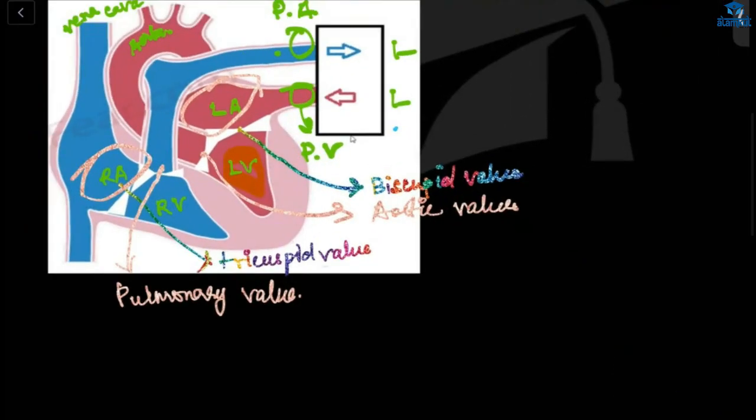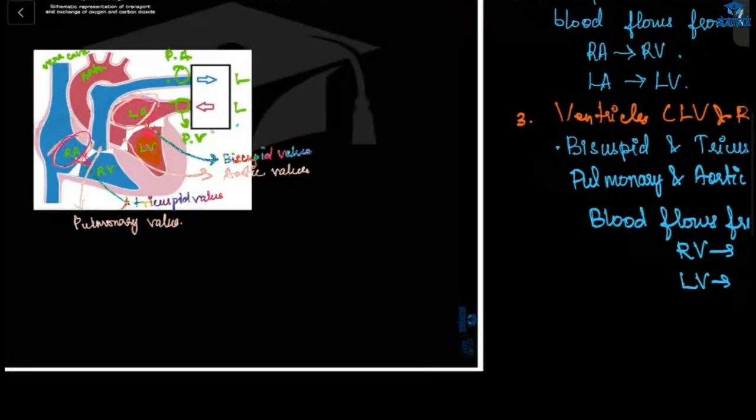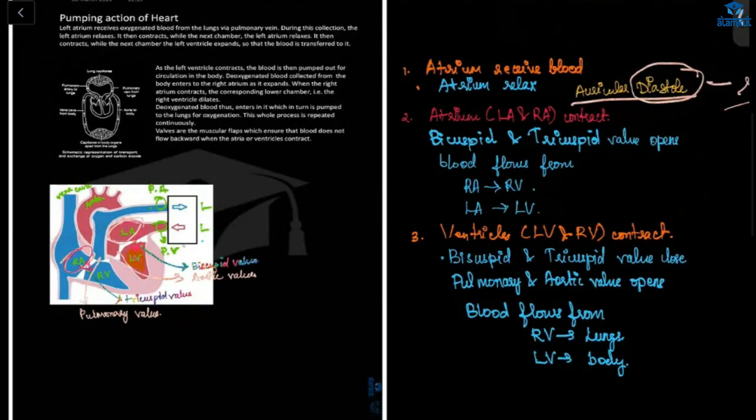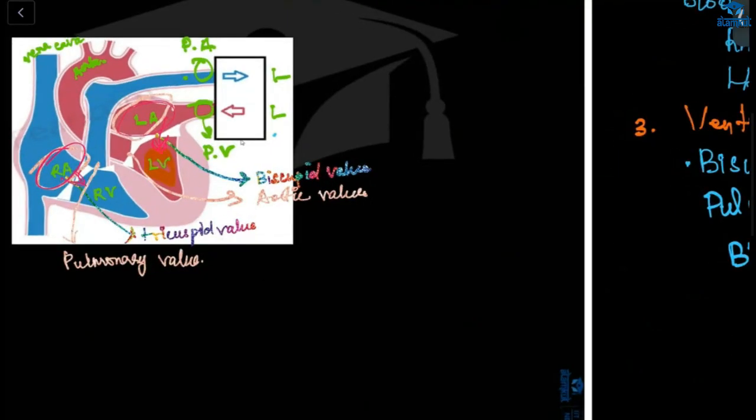Now blood has come here and here. The atria are in a relaxed state. The blood should go inside the ventricle, right? That time, both the atria will contract. The bicuspid valve and tricuspid valve will open, so blood will flow inside the ventricles.